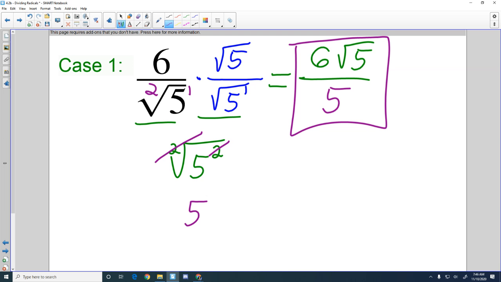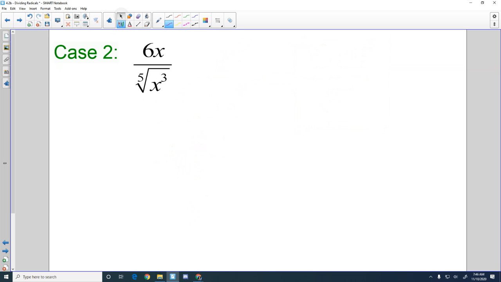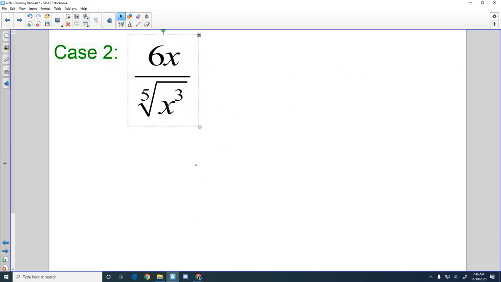All right, let's try another one. Here's a good illustration of this concept. So you have 6x divided by the 5th root of x to the 3rd.